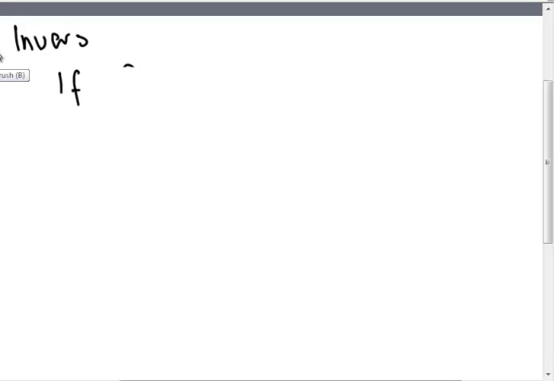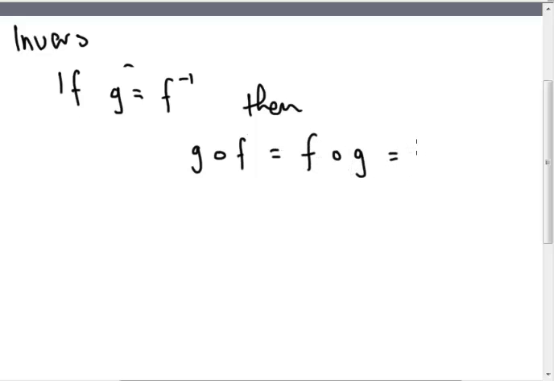Now, if G is equal to the inverse of F, then we've got this fact: G composed with F is equal to F composed with G, and that is equal to the identity. I'm going to use ID as the identity function, isn't it?